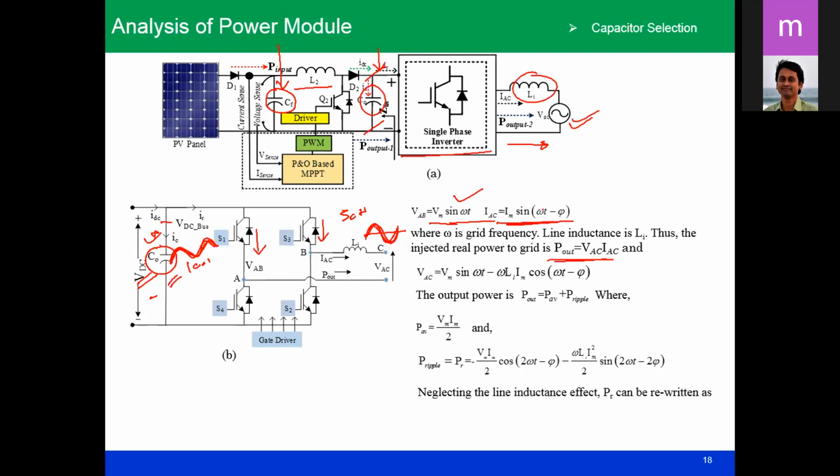Power output equals VSC into ISC, the node voltage, and if you multiply them together, you get the average power and the ripple power. This ripple power is the culprit of the second harmonic voltage present inside the DC bus. So the DC bus is not a pure DC bus. It has a 100 hertz ripple, happening because of this ripple power, and ripple power is not zero.